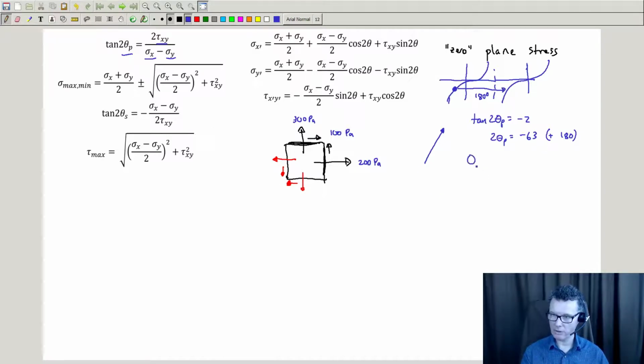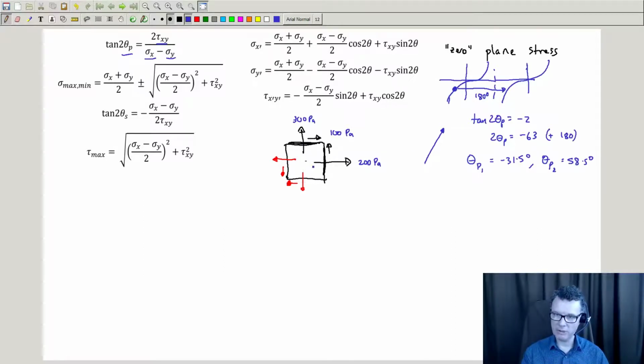So I've got one principal value of -31.5 degrees. If I plus the 180, my other solution would be -63 plus 180 divided by 2. And that gives me 58.5 degrees.